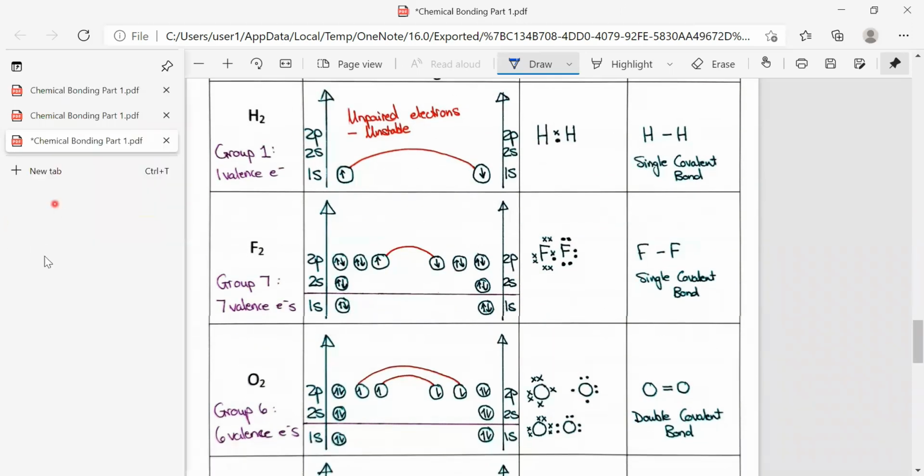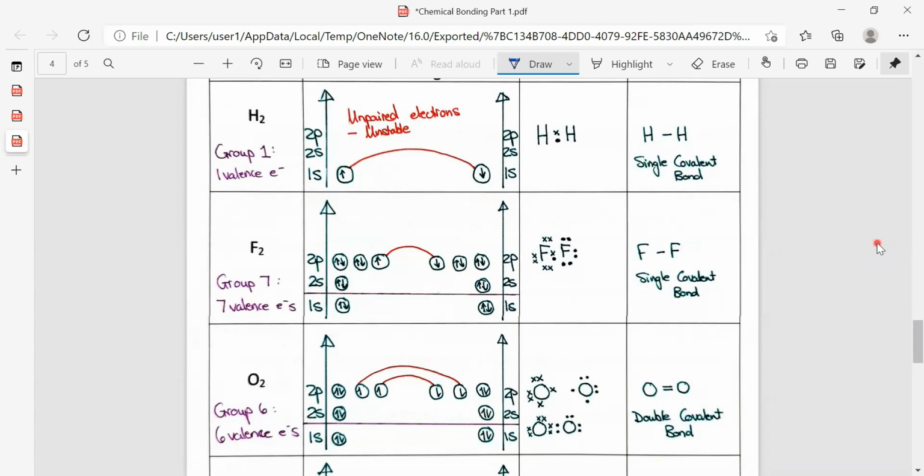If you have a periodic table with you, hydrogen has an atomic number of 1. So hydrogen has 1 electron. There's my 1 electron in the 1s orbital. So here's my 1 hydrogen atom's electron. There's my other hydrogen atom with its electron.